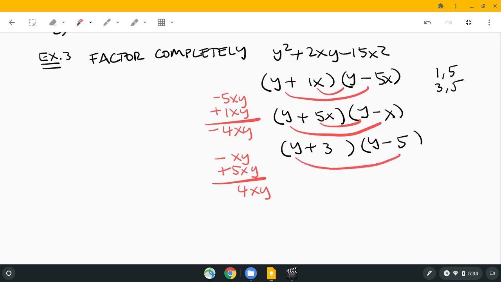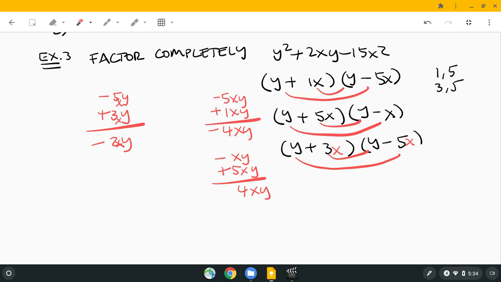Outside, I get negative 5xy, and inside, I get positive 3xy, and that gives us negative 2xy. We're very close. I forgot my x's again, so x, y, x, y.